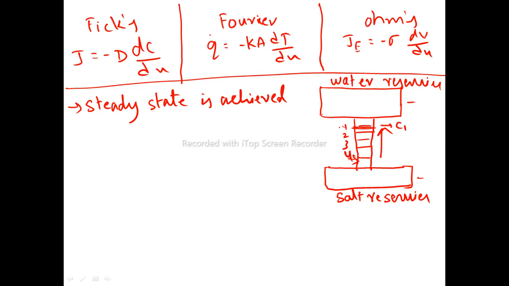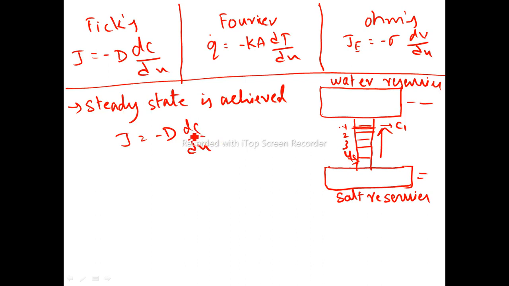And the salt will diffuse from bottom to top. This reservoir will maintain the concentration of both, in water and here salt, constant throughout the experiment. This is the experiment conducted by Fick, and he proposed this equation J is equal to minus D into dou C by dou x.